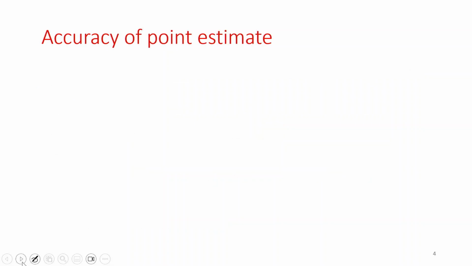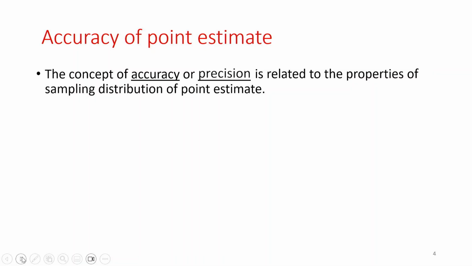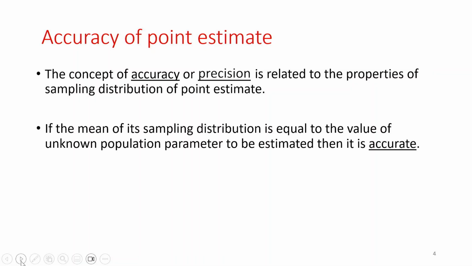So accuracy of point estimate. The concept of accuracy or precision is related to the properties of the sampling distribution of point estimate. What is that property? If the mean of its sampling distribution is equal to the value of the unknown population parameter to be estimated, then it is accurate.